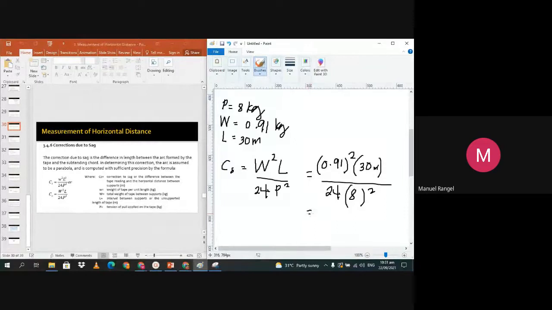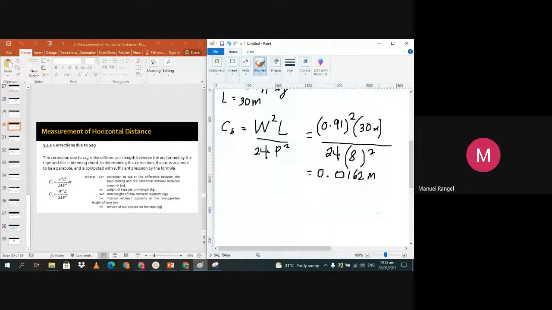So the correction due to sag between the end supports is 0.91 squared times 30 divided by 24 times 8 squared, which is equal to 0.0162 meters.